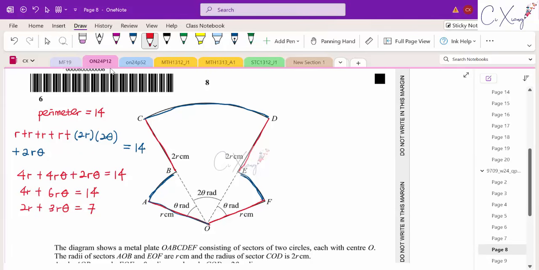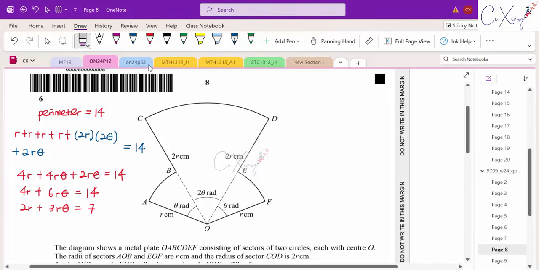If you want, you can express R in terms of theta or theta in terms of R so that later you can solve the equations simultaneously. For me, I'll just keep it like that first, and later I'll see how I want to express my equation.